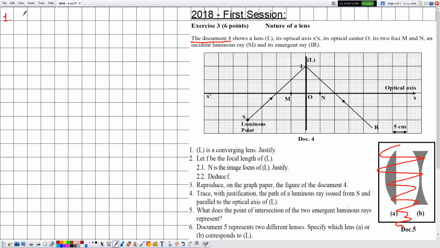So let's say that since the emergent ray emerges from the lens L toward the optical axis, then L is a converging lens.